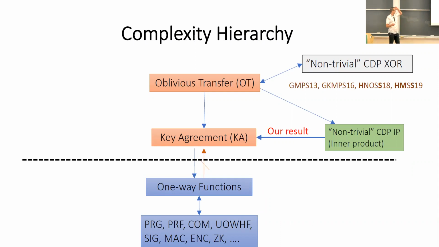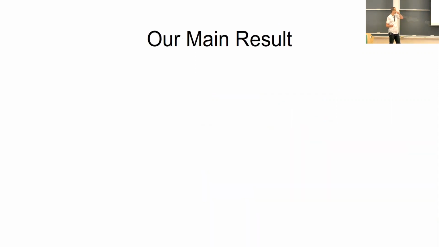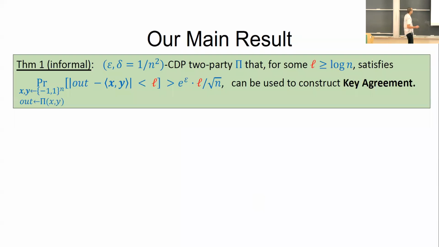So let's see our main result, the statement. Any epsilon-delta CDP protocol pi that for some additive error L satisfies that the confidence of this additive error is sufficiently larger than L over square root of n, let's say there is a missing constant here, like a million, can be used to construct a key agreement.